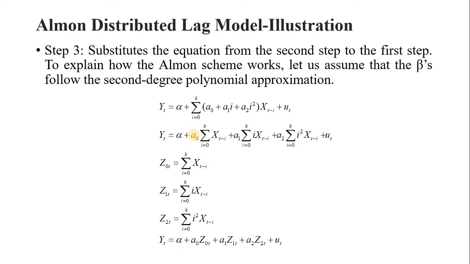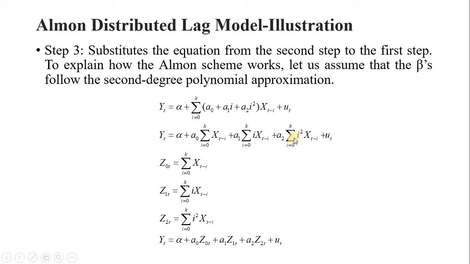So what we have done here is substituted the value for betas, which is approximated by a second degree polynomial, into our equation. Now look at this equation: yt is equal to alpha plus a0 sigma xt minus i, plus a1 sigma i xt minus i, plus a2 sigma i square xt minus i.